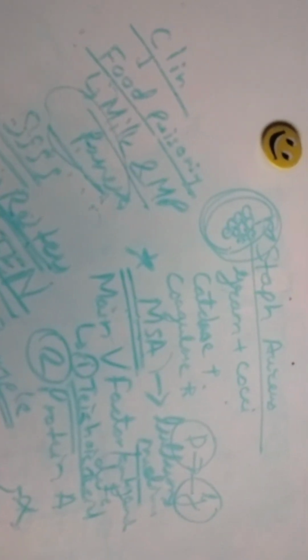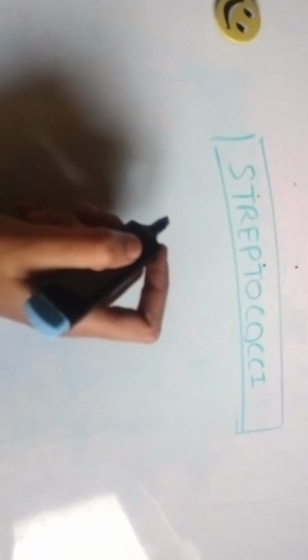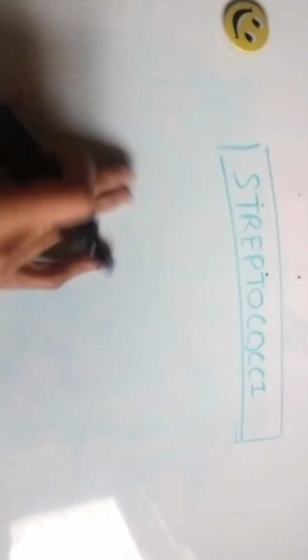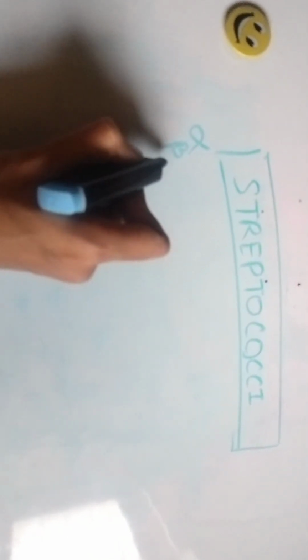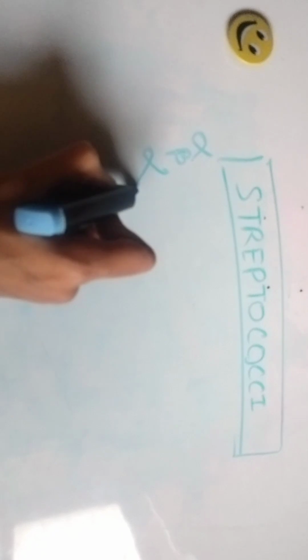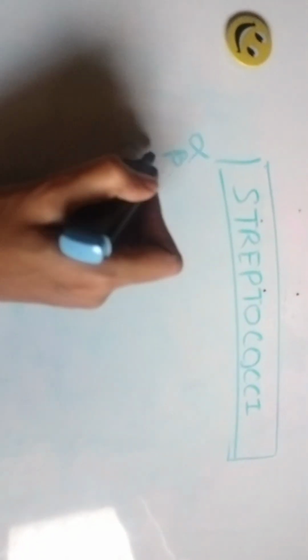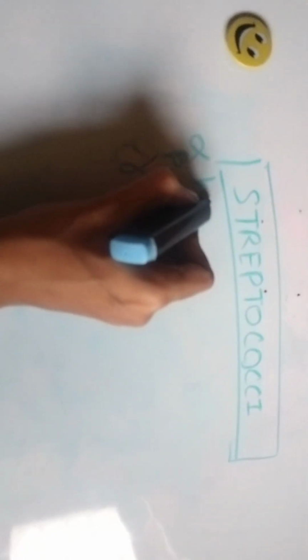We have to move further to the other gram-positive cocci, streptococci. On the basis of blood agar, it is divided into three hemolyses: alpha, beta, and gamma hemolysis.